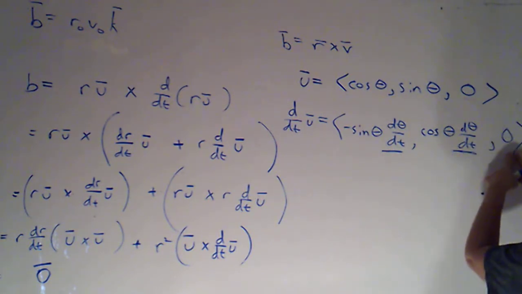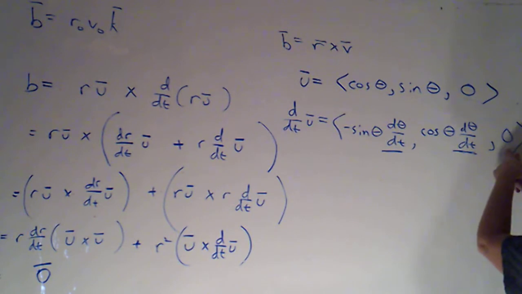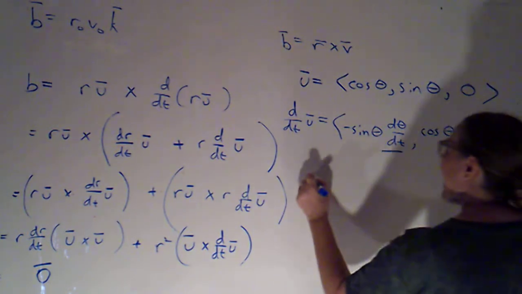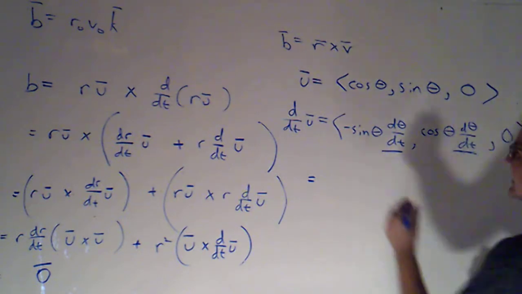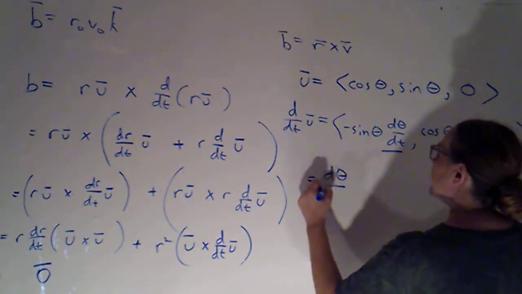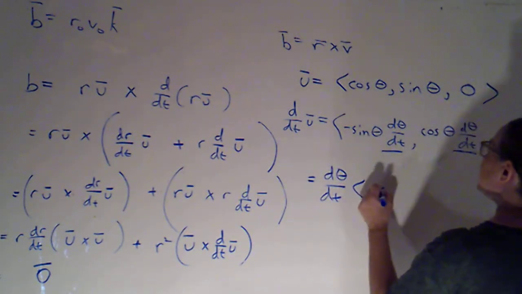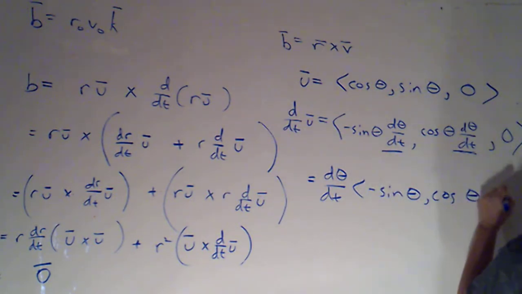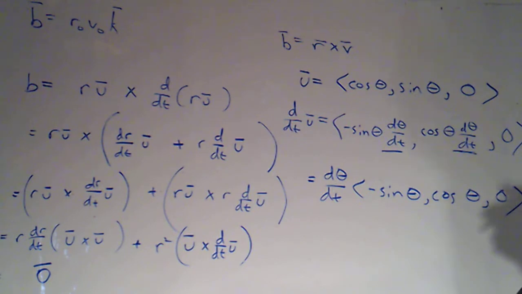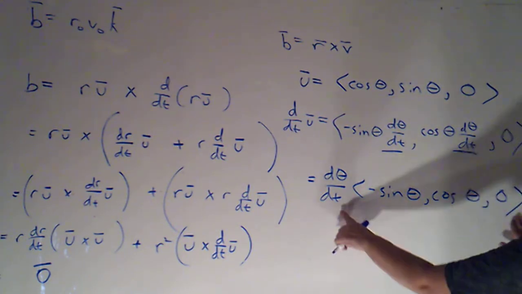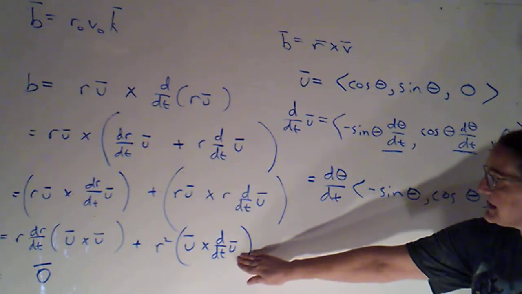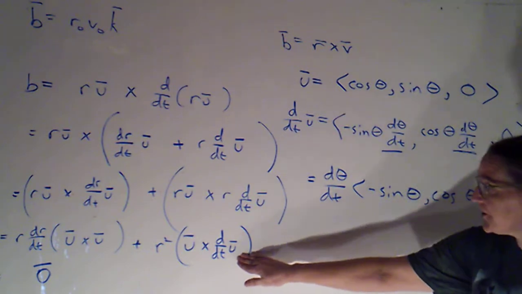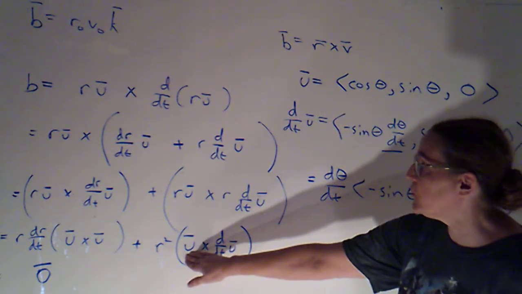And I can actually say, well, it's there too, because 0 is 0 copies of d theta by dt. So if I want to, I can pull out that scalar and say this is just d theta by dt times negative sine theta, cosine theta, 0. So that's my du by dt here that I need to cross with u.